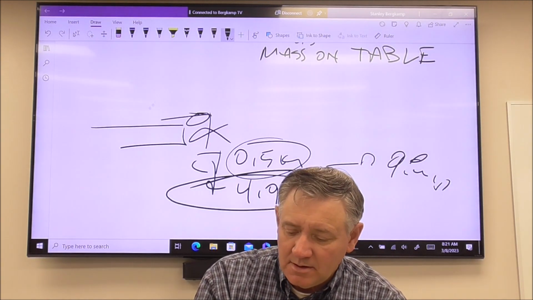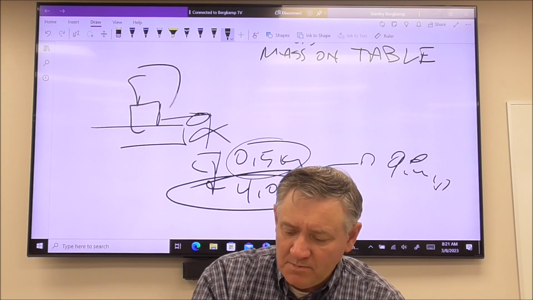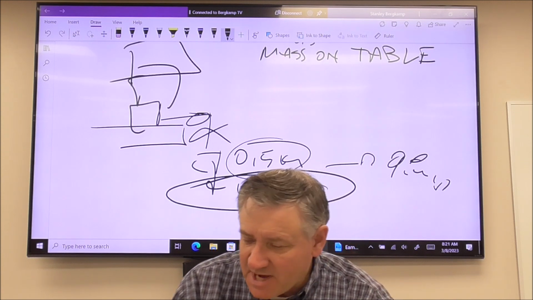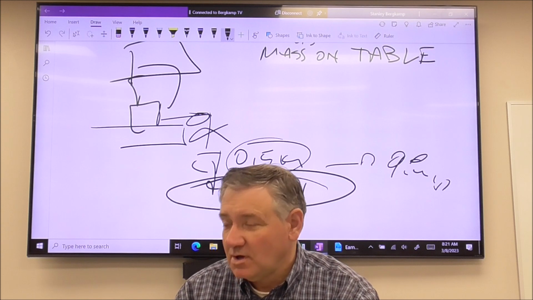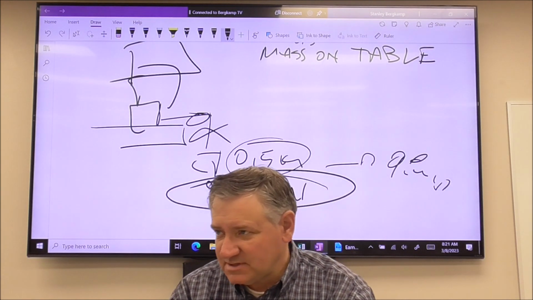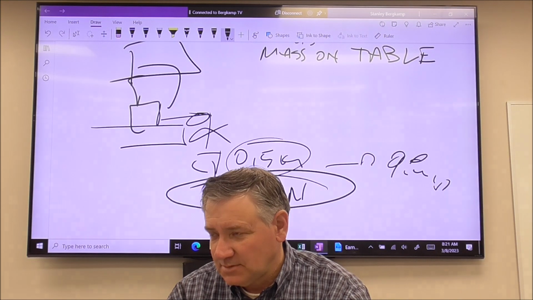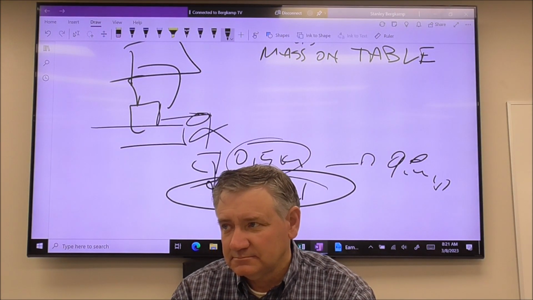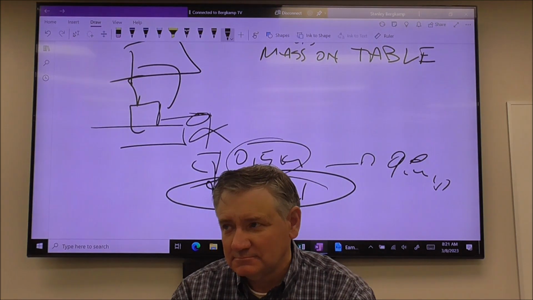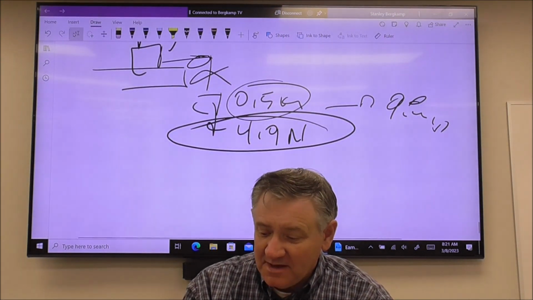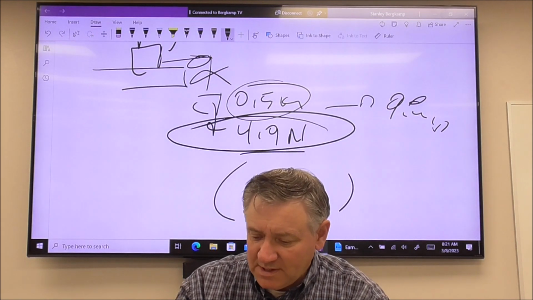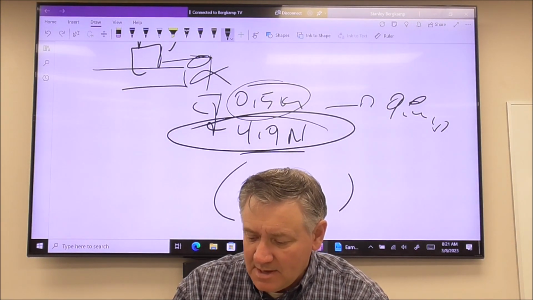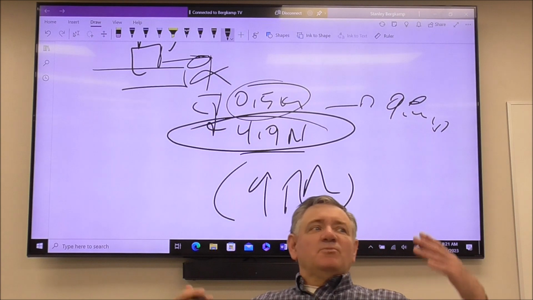Now, as I put more and more mass up there that she has to drag, what's going to happen to her acceleration? Will it increase, decrease, or stay the same? Yeah, because look what's happening. I'm going to divide 4.9 newtons by a bigger and bigger mass. There's more inertia.